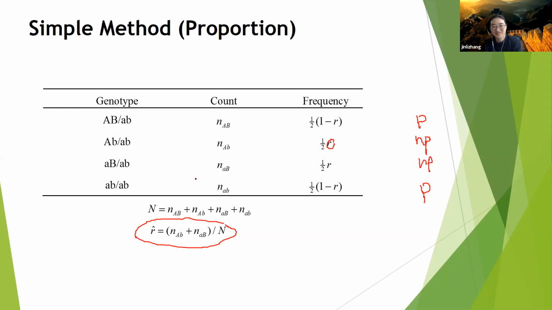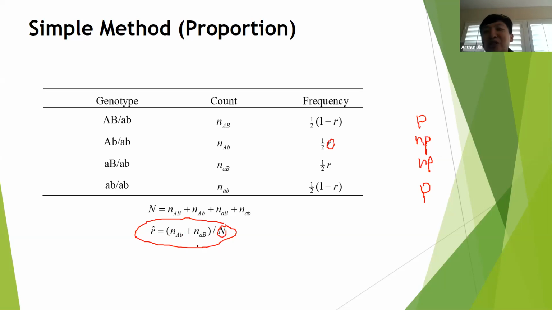Okay, good. Now we use this data to estimate. Intuitively, this is correct, right? If you have this many progeny, big N, 1,000, and out of these 1,000 you see this many recombinants, because the sample size is very large, we can just use this ratio to estimate R. Does that make sense?